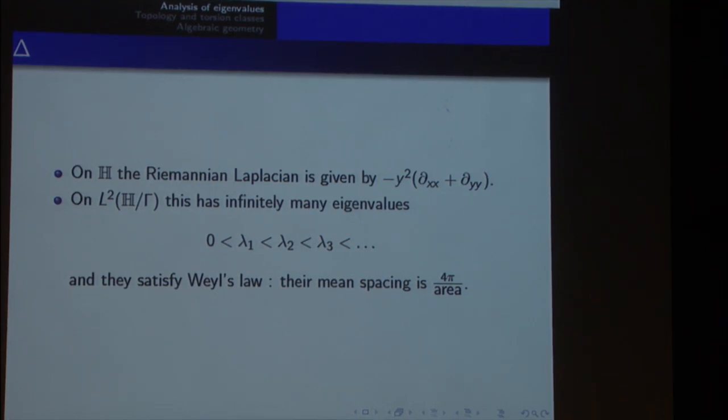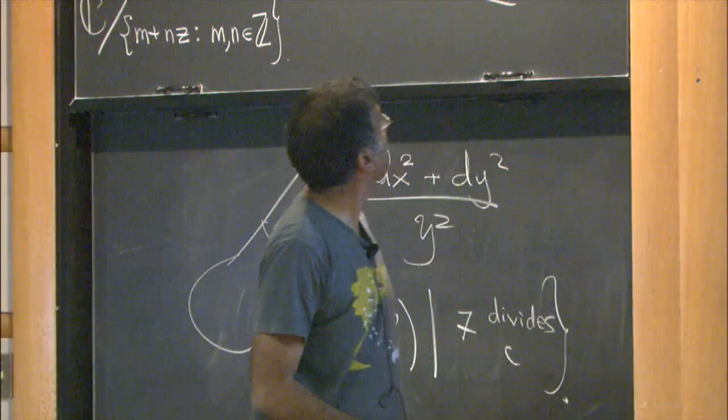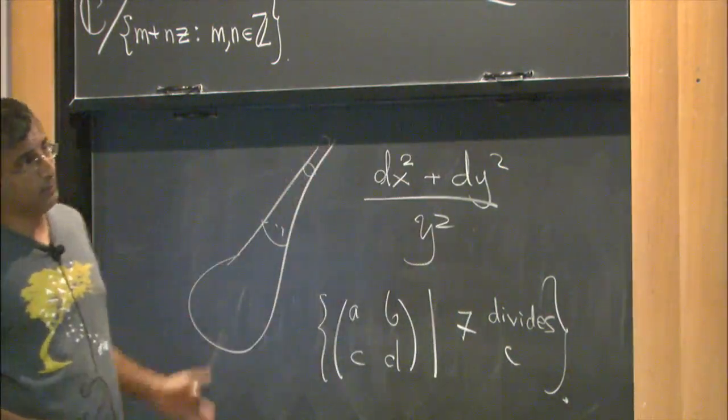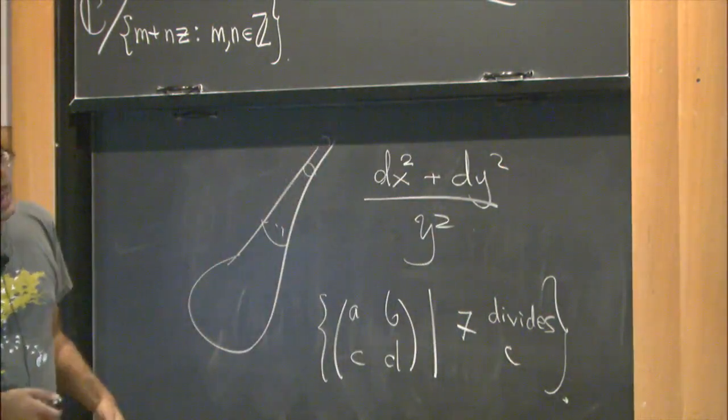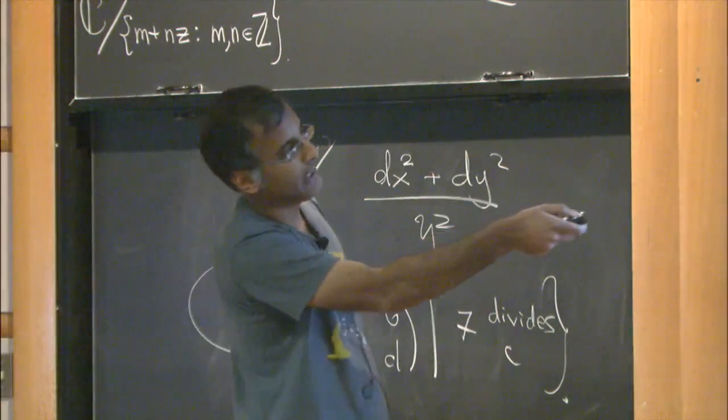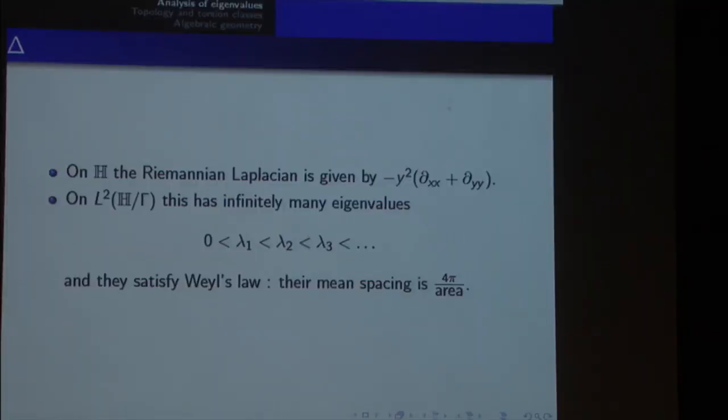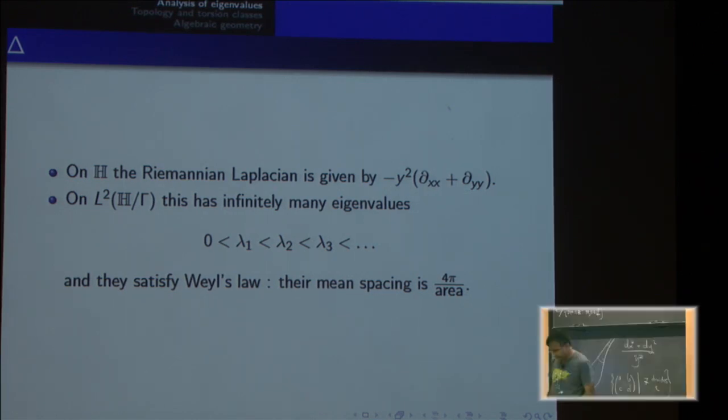And it turns out, this is not obvious, and I'll say more about this later, that on this upper half modular curve, it has infinitely many eigenvalues in L2. So there are infinitely many eigenfunctions of the Laplacian that lie in L2. And they are spaced as you might expect.